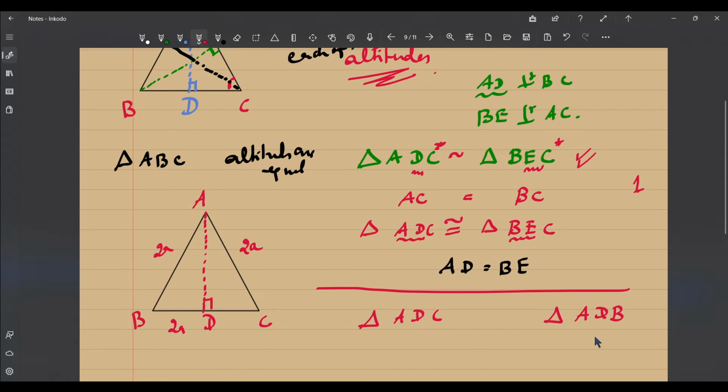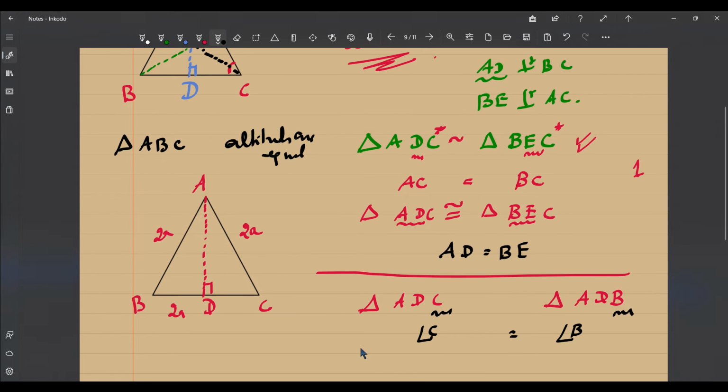So let us compare ADC and ADB. Already A is common to both. No, actually A is not common. A has been divided. I can't say A is common, but yes, B and C are equal. So angle C here and angle B here, both of them are equal to 60 degrees. In an equilateral triangle, all angles are equal and they are equal to 60 degrees. So you already have angle C equal to angle B. What else do we have?